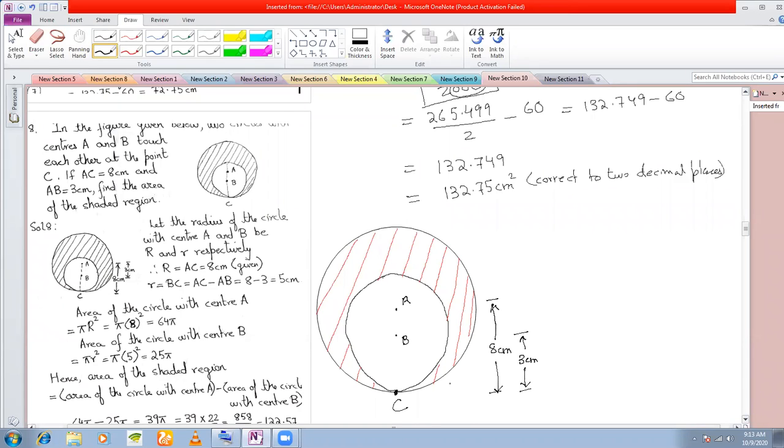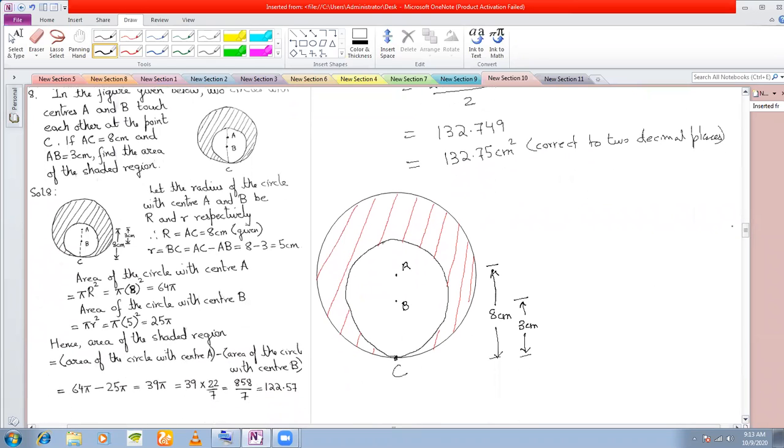Find the area of the shaded region. Now, in order to find the area of the shaded region, the procedure is exactly the same as for a circular ring. The calculation will be the same as a circular ring, but it is not a circular ring actually.